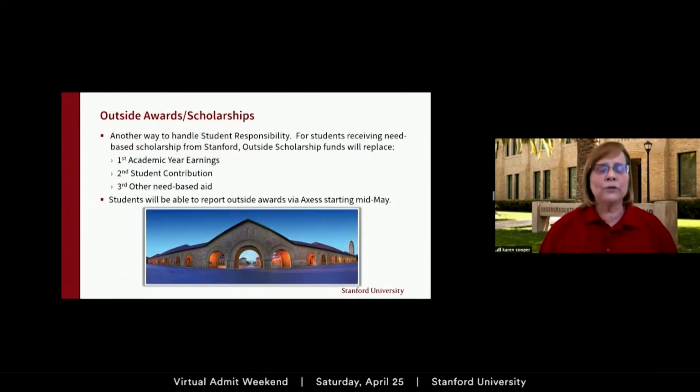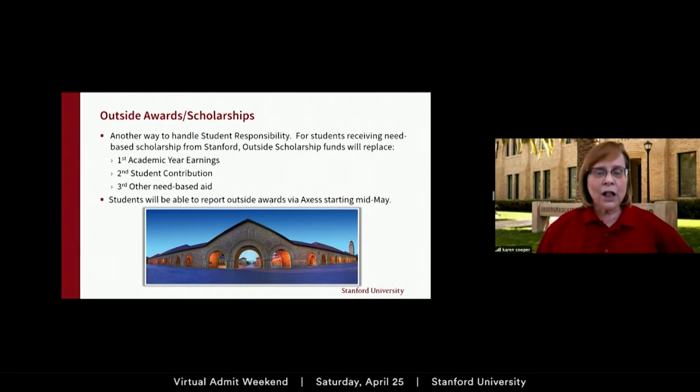Another way that students might handle their student responsibility is outside awards or private scholarships from foundations, agencies, etc. Typically, those outside scholarships first replace the academic year earnings expectation, then the expected student contribution. This fall, of course, students have a head start because the student contribution will already be replaced for all of you.